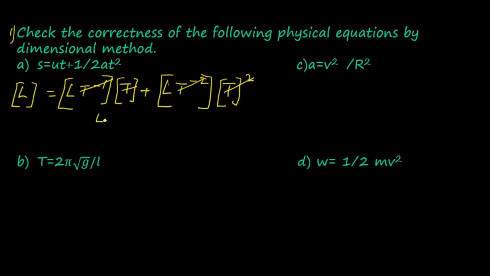So here it becomes L plus L, that is 2L. The equation has half, so we need consider only half of L plus L, which is equal to L.